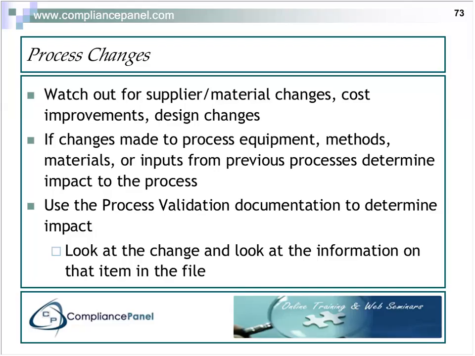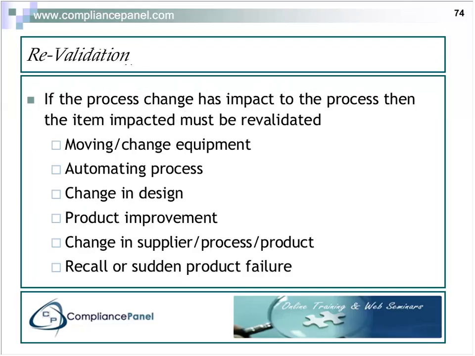Any changes to methods, materials, or inputs from previous processes. Maybe we made a change to the way we were processing something upstream, which affects the downstream. So we need to look at the information in the process validation file and make sure that change doesn't negatively impact us.